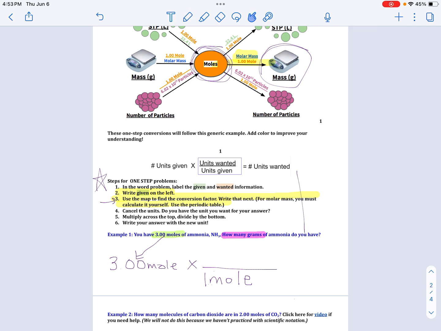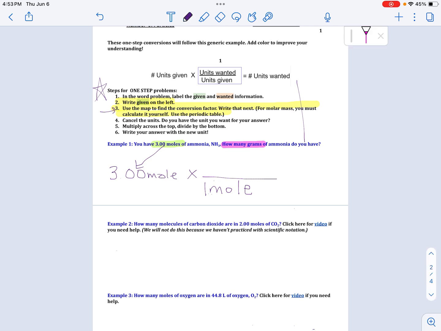I have to look at what substance they said. So here it is, NH3. Now when I look at my periodic table, I see that N is 14.01 grams. So pause and look on your periodic table or find one online if you need to.